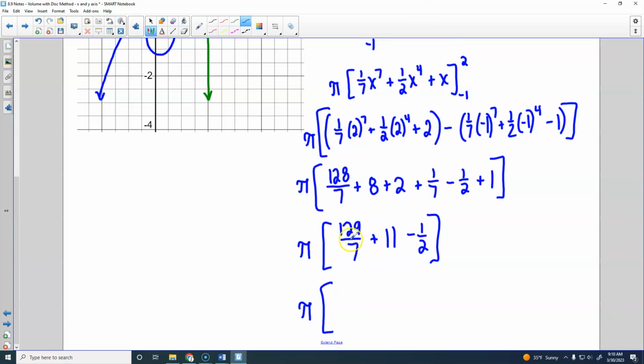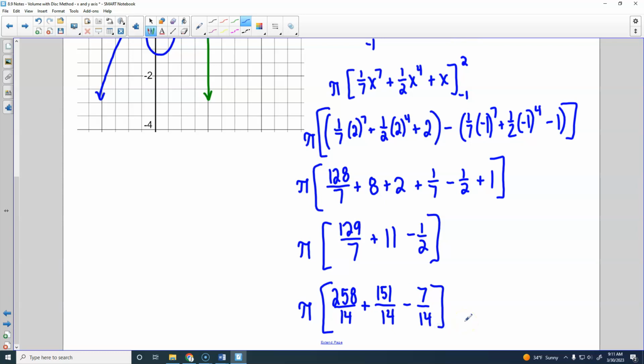So if I double that, so I can make everything over 14, that would be 1 and 2, 58 plus 11 times 14, 140 plus 11, 151, minus 7 over 14.